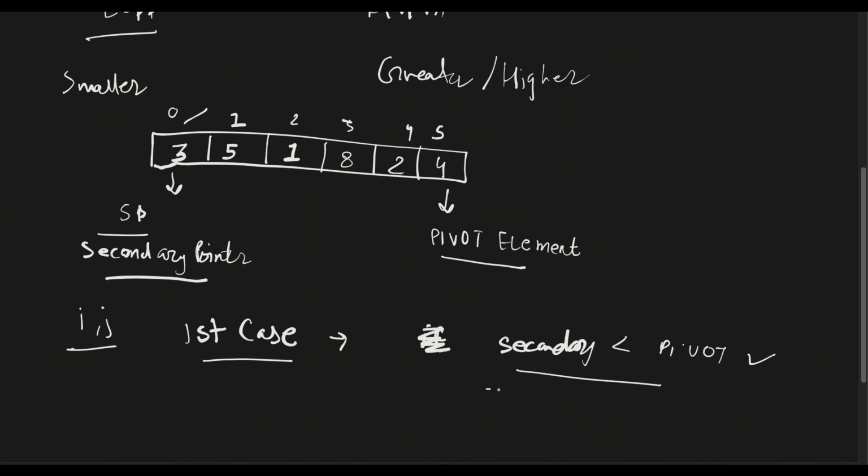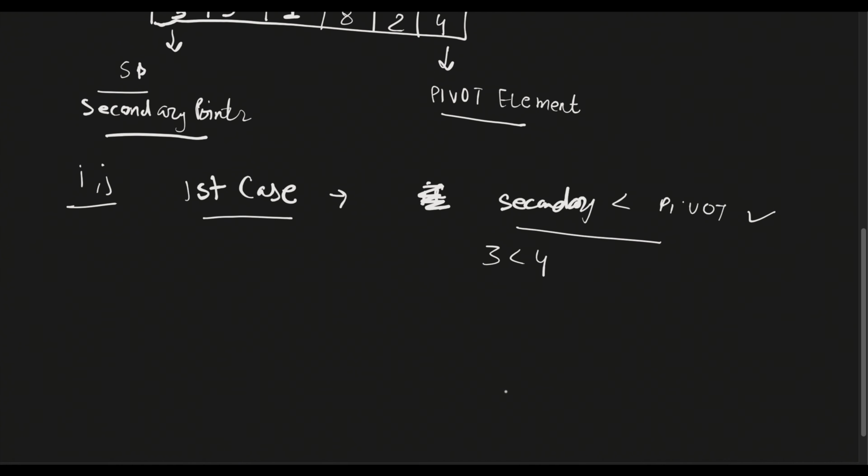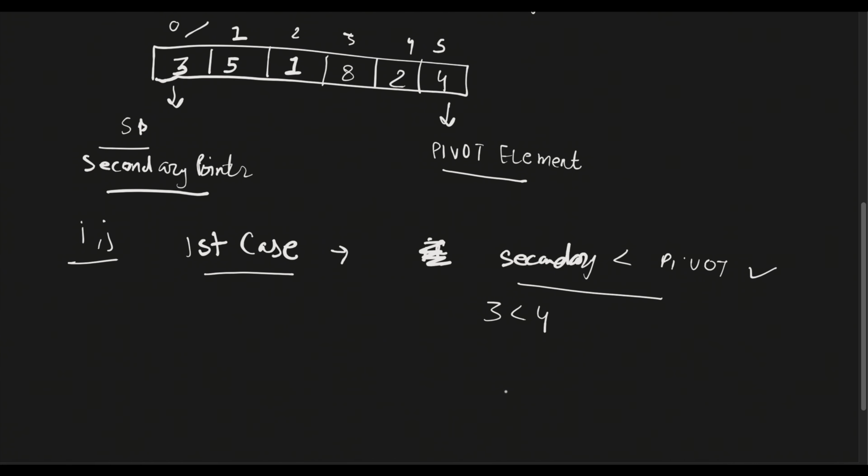Here I can see 3 is less than 4, so yes, we have to swap. But there is also a condition in quick sort: if the current element is smaller than the pivot, then we swap the smaller one with that specific pointer and increment the secondary pointer to the next index.